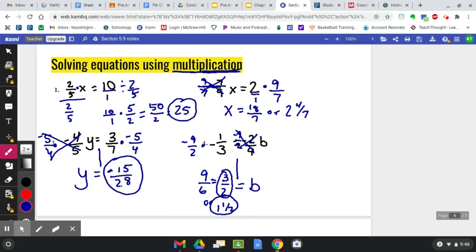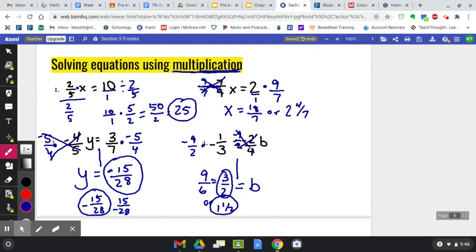So negative 15 over 28. If you have 15 over negative 28, same thing. If you put the negative out in front, that's the same thing. These are all the same exact solution, right? A lot of times the answer key will put it like this, just showing that the value itself is negative.